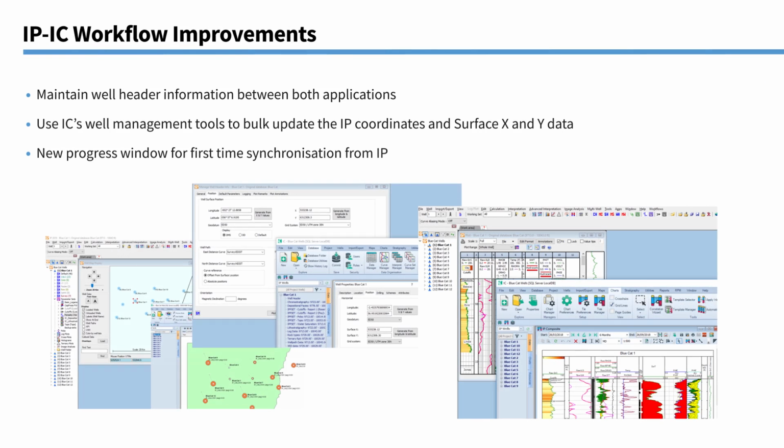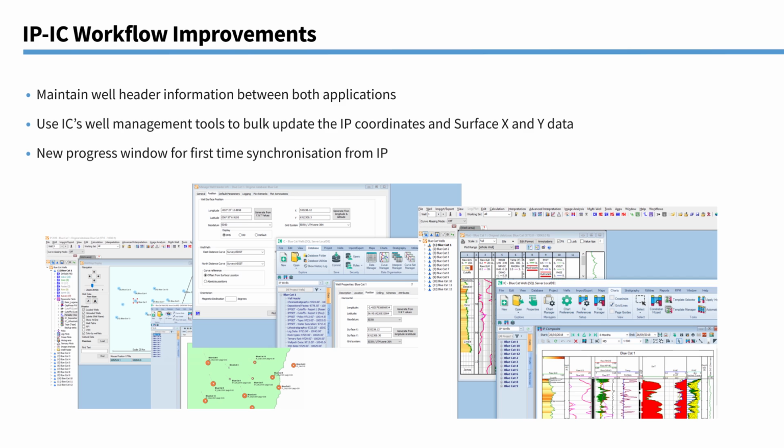A few minutes ago, I mentioned that we'd made some improvements to the array data to allow array data within IC. And as part of that, we did add a component and we did do some work to the IP-IC common database as well. So not only will the IP-IC link recognize array data and allow you to synchronize that between the two softwares, we also made some improvements around the maintaining of well header information between both applications.